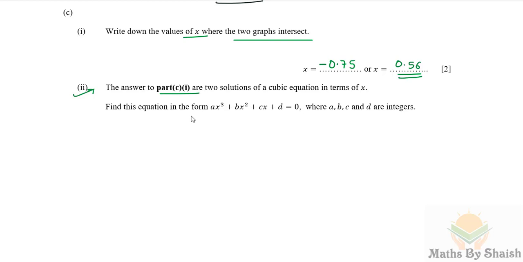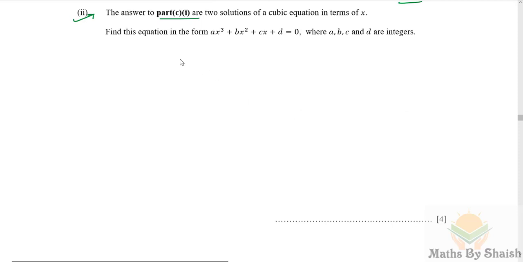Find this equation in the form of this, where a, b, c and d are integers. We can see from part C first, it is given that these two points are solutions, and these two points are the intersection of the two curves.